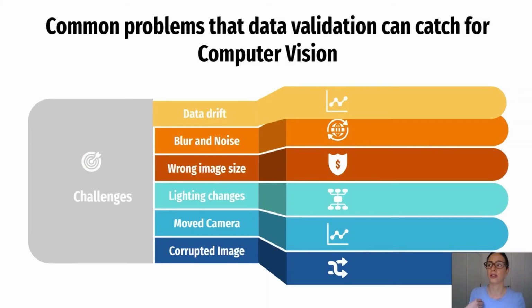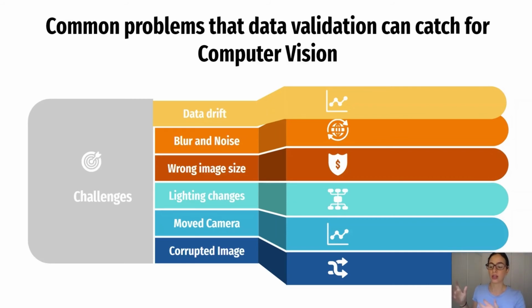And this is when data validation comes to play, because if we introduce data validation, we would be able to catch errors like blurry or noisy images, to spot if the image is in a wrong size, to see if the image is corrupted, to maybe alert if the cameras have been moved and now we are recording a different conveyor belt than the one that we were recording originally, or even if the data distribution has completely changed.